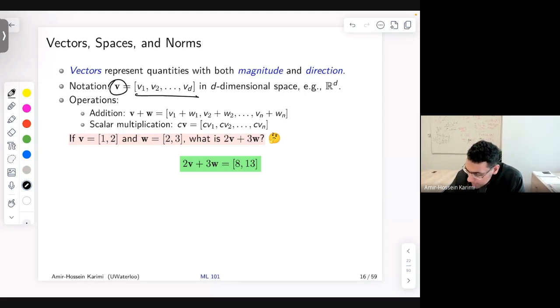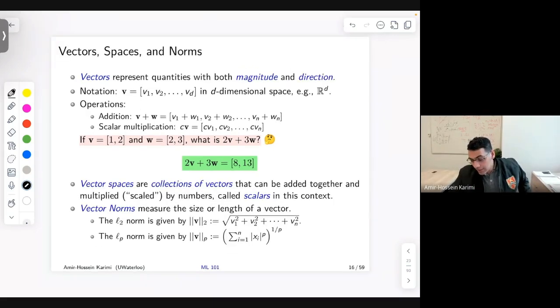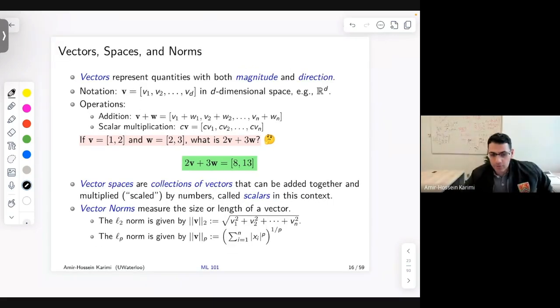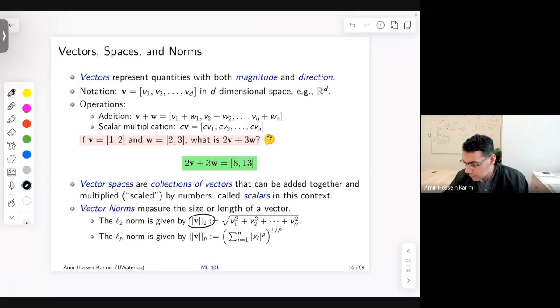Now, what are then vector spaces? Vector spaces are collections of vectors that can be added together and multiplied or scaled by numbers, which are called scalars in this context. We had different ways of measuring vectors as well, and one of those ways was vector norms, which measured the size or the length of vectors. We saw the L2 norm, or the Euclidean distance, be defined as one case of an Lp norm, which was the square root of the sum of the squares of each individual coefficient.